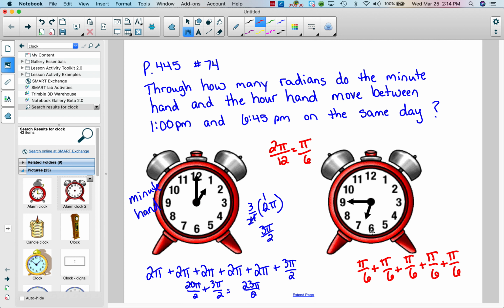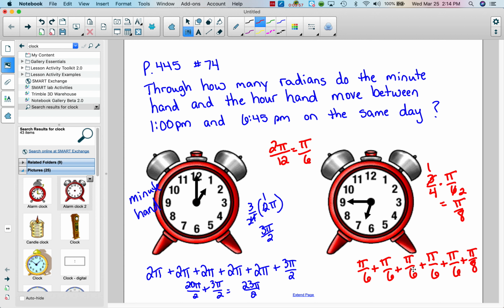It's not the whole thing, because with the hour hand, it doesn't just automatically go from the 6 to the 7. It's 3/4 of the way. Because the minute hand was 3/4 of the way around, the hour hand goes 3/4 of the pi over 6. So we have to figure out 3/4 of pi over 6, which is pi over 8.